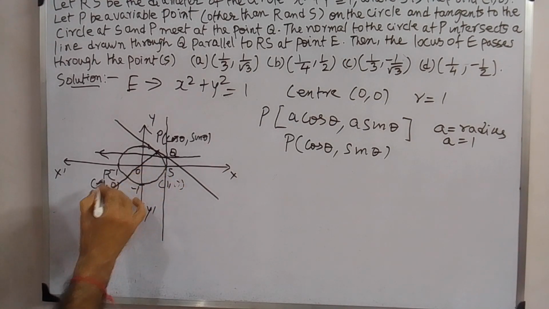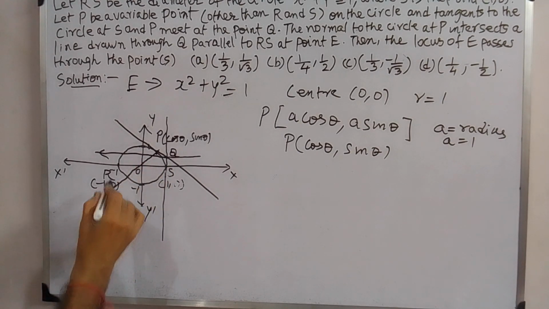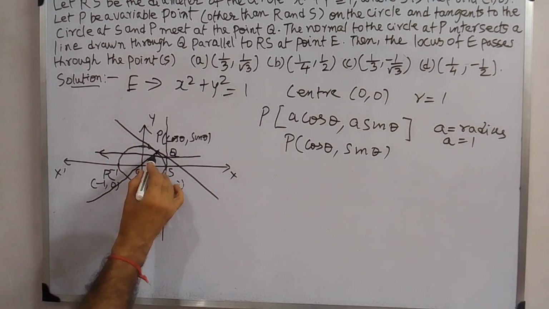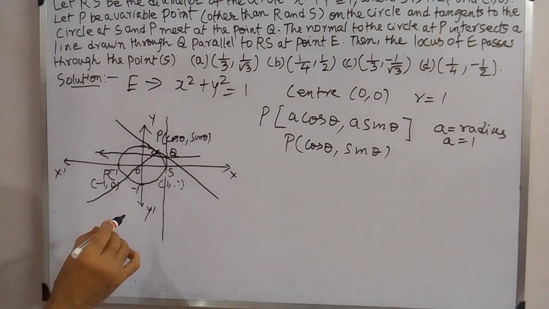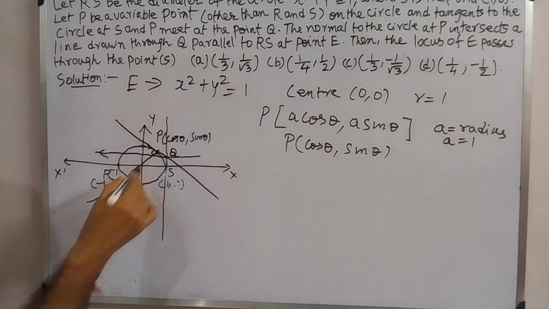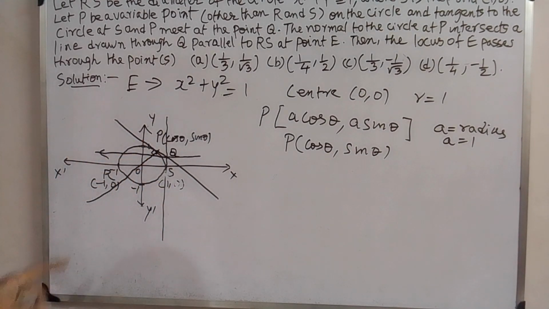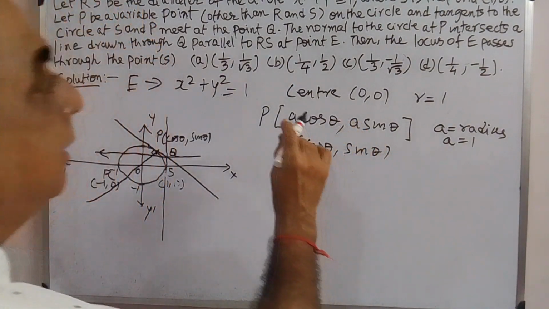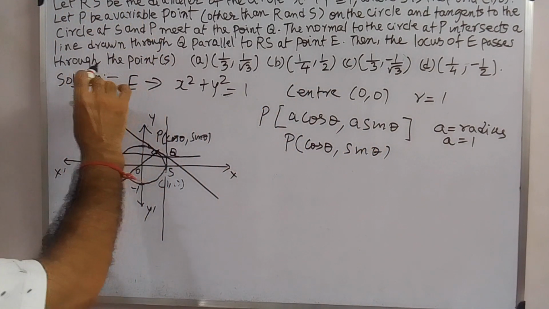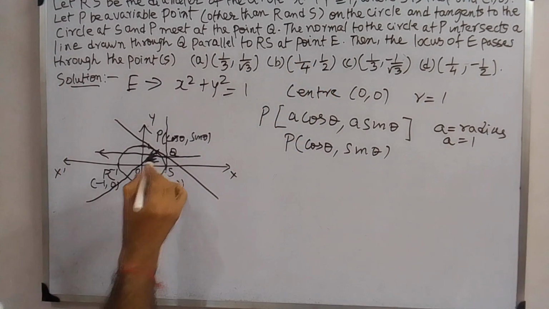So this is the normal, and this will be the line passing through the center O. And these two lines are meeting at the point E. Okay, this is the point E.